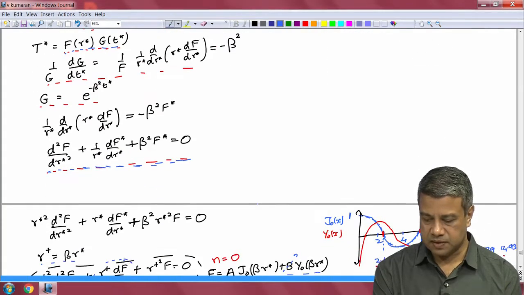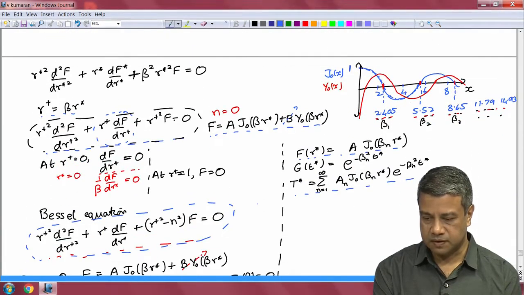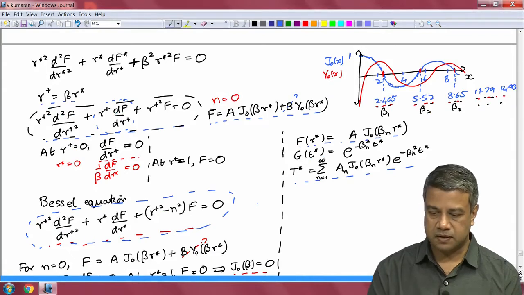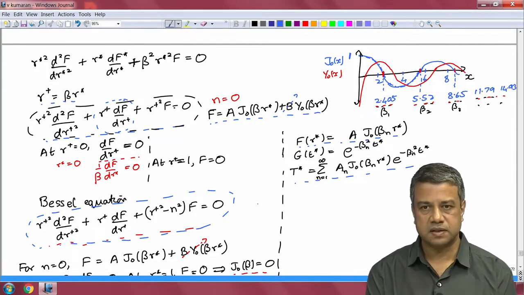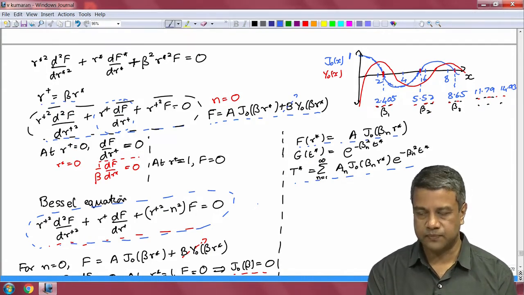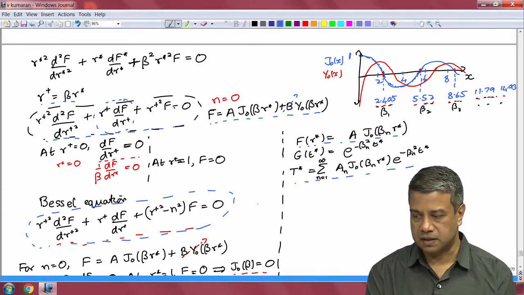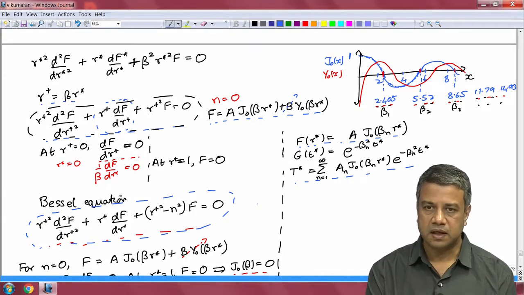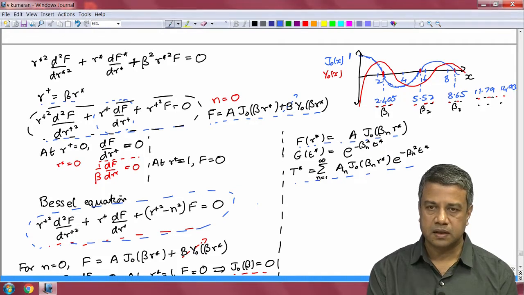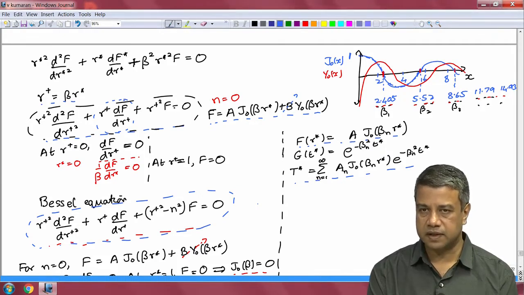The solution of the spatial problem for the function f, we had got as Bessel functions J0 and Y0. J0 has 0 slope at the center, and then it has an oscillatory behavior, and it crosses 0 at an infinite number of discrete points.